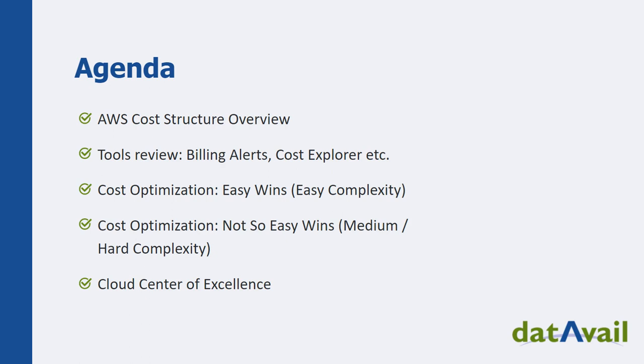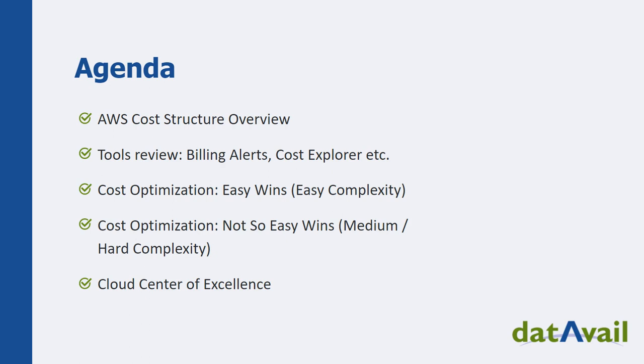Today, I'm going to cover how the AWS cost structure is broken down. If you happen to be on Azure or OCI, a lot of things are very similar, I would say 90% similar, in how other cloud platforms have a cost structure. I'm also going to review what tools are available from AWS for looking at your bill, analyzing your bill, and getting alerts.